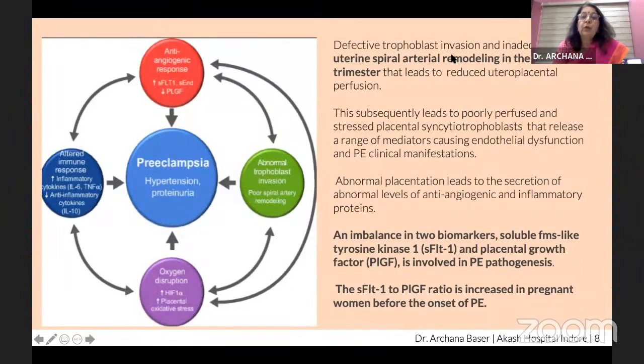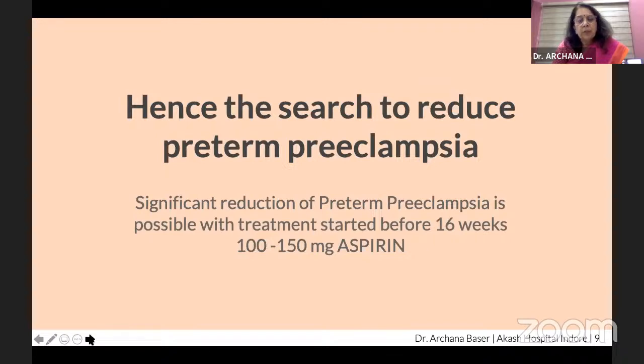Defective trophoblast invasion and uterine spiral arteriole remodeling in the first trimester lead to reduced uteroplacental perfusion, and there is an imbalance in the biomarkers, especially sFlt-1 and placental growth factor, which are involved in preeclampsia pathogenesis. The sFlt-1 to PlGF ratio is increased in pregnant women before the onset of preeclampsia. Hence, there has been a surge to reduce preterm preeclampsia.